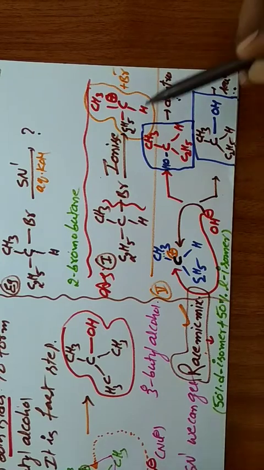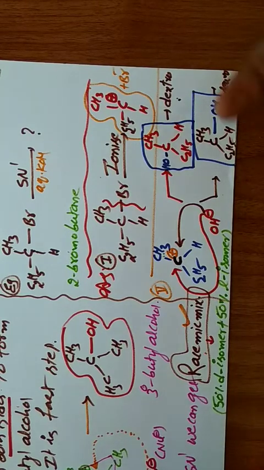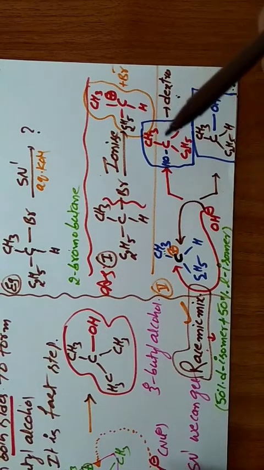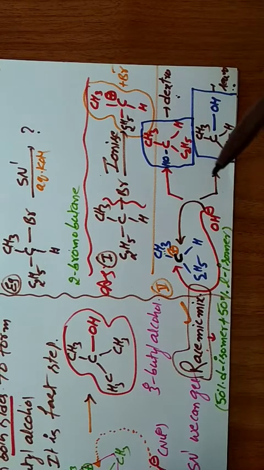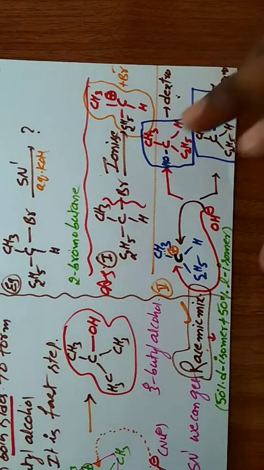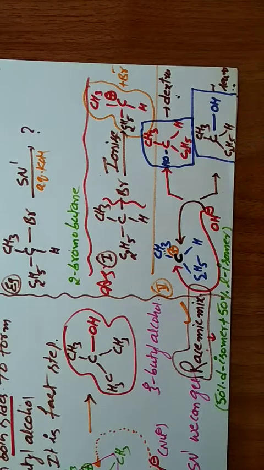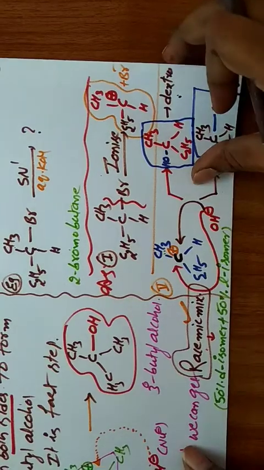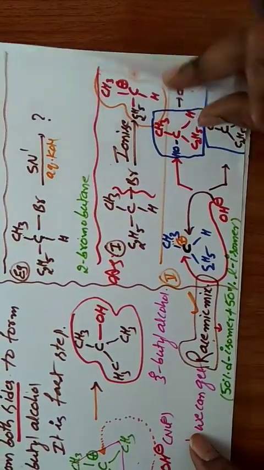mechanism. So next we will go to the SN2 mechanism. SN2. What is the abbreviation? 2 means bimolecular. Bimolecular means how many molecules are involved?